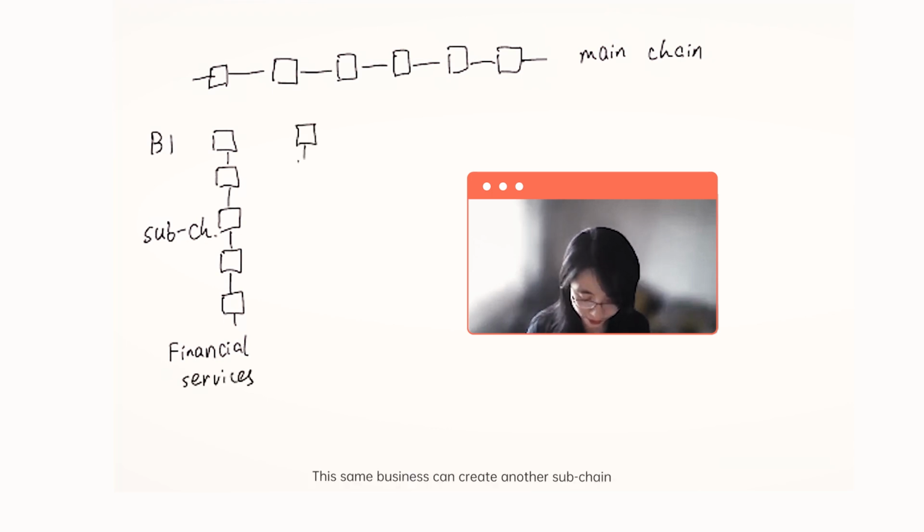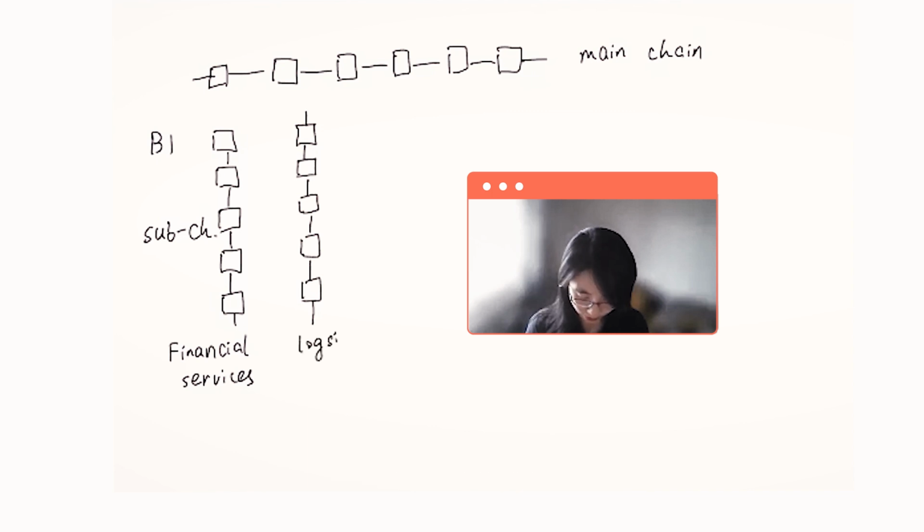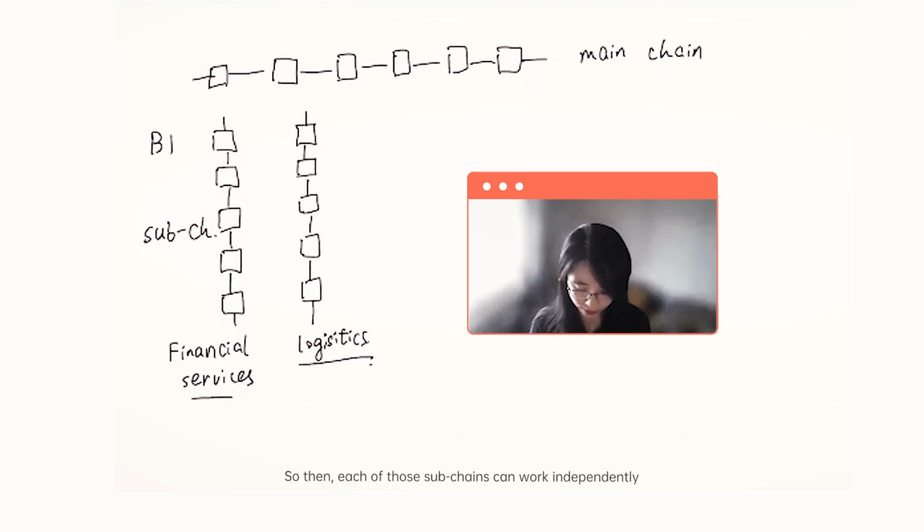This same business can create another subchain, designed for example for some logistics. So then each of those subchains can work independently.